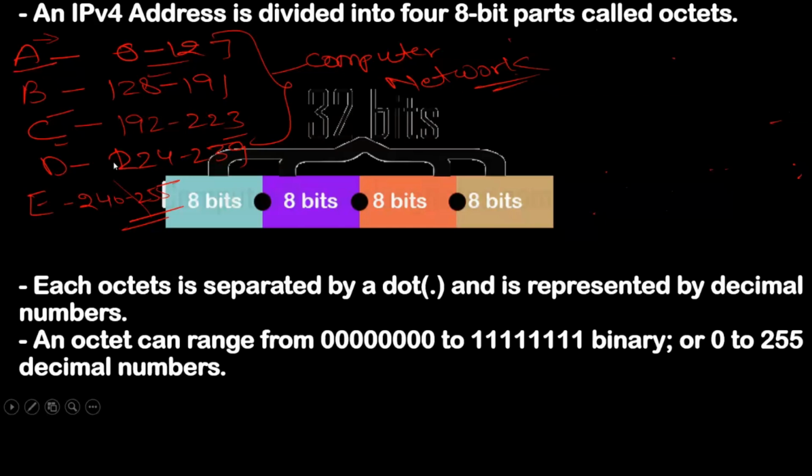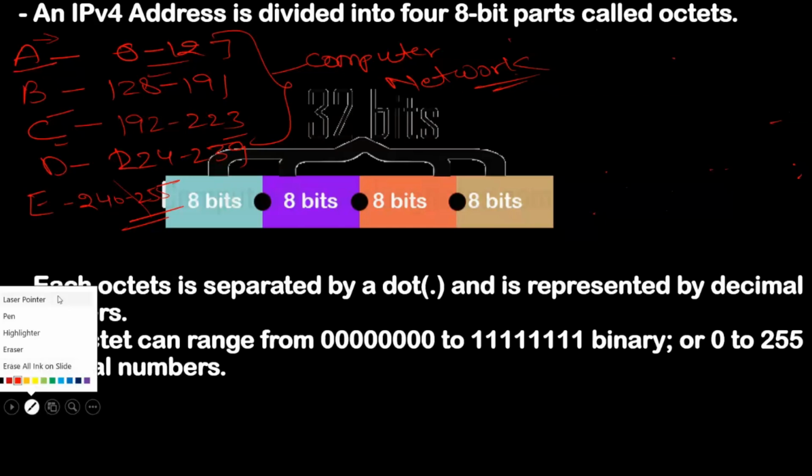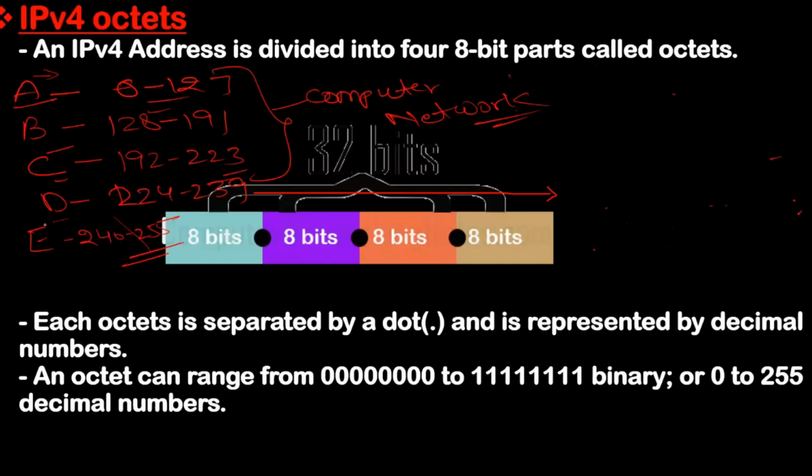And after that, this class D. So can anyone tell me where this class D is used? First thing is, for class D IPs we have some other type of devices, multicast devices.